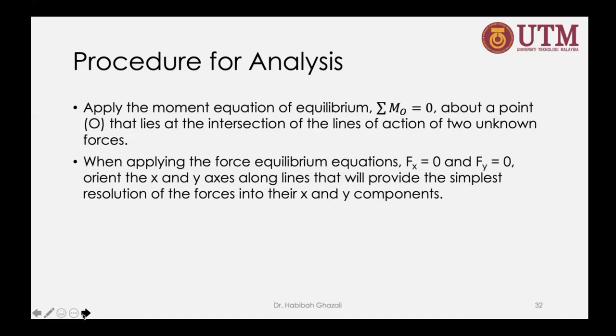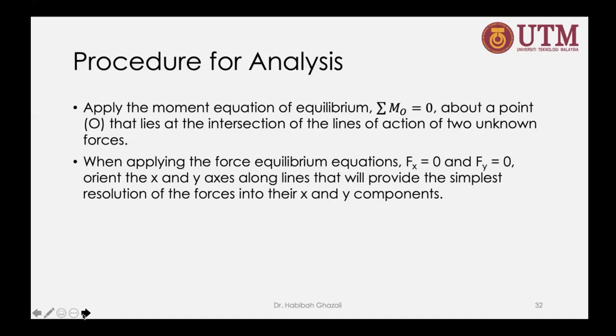Okay, so let's say you draw your free body diagram, you have three unknowns, so automatically you can solve it straight away. I have three unknowns, I have three static equilibrium equations, I can solve it. Okay, but if you cannot solve it, if you have four unknowns for one free body diagram, what you need to do is to look at other members of the problem that you are analyzing.